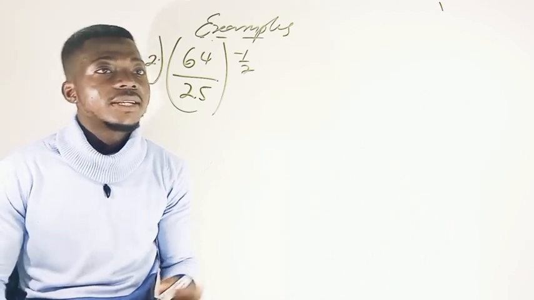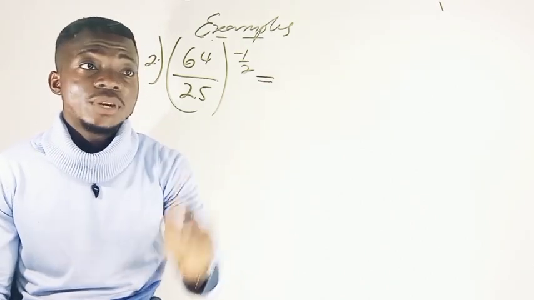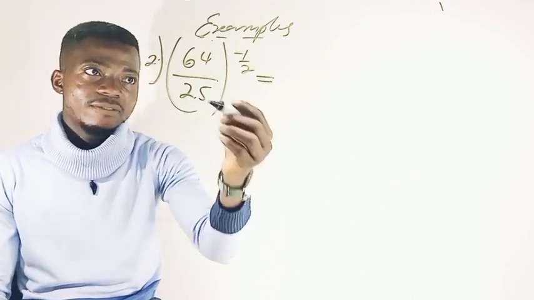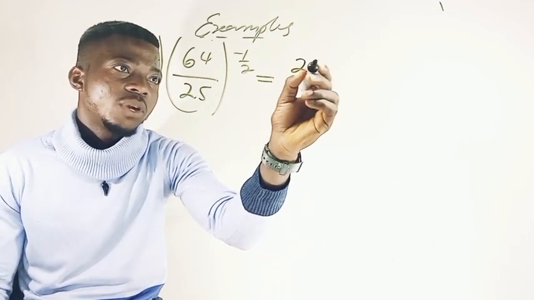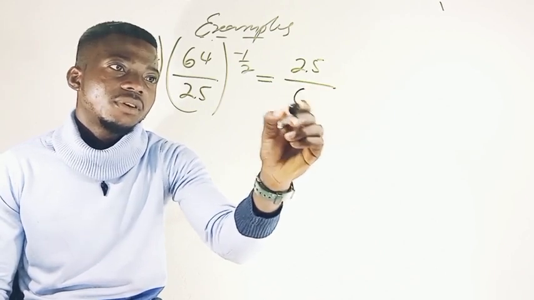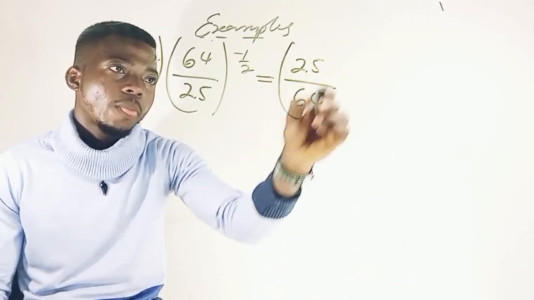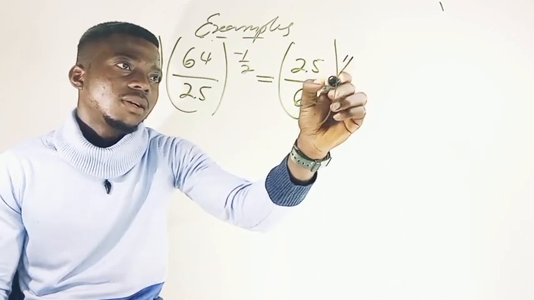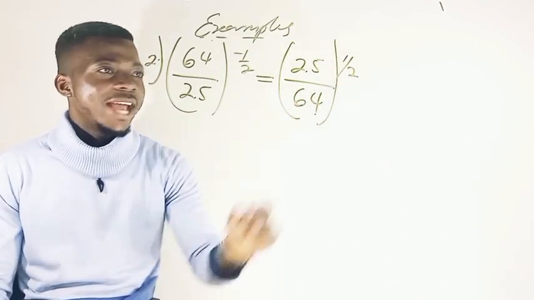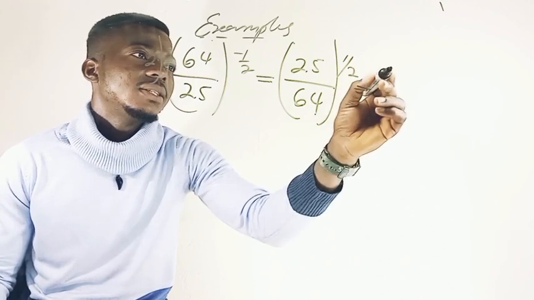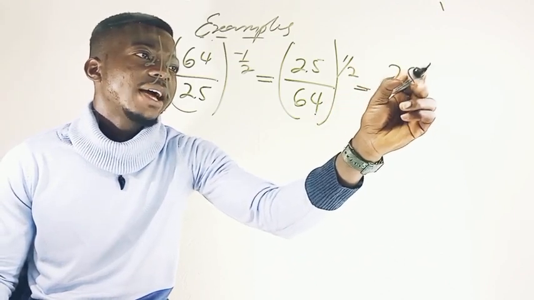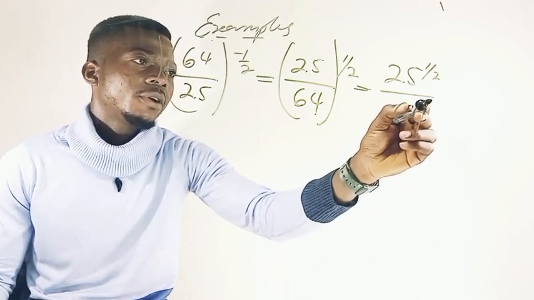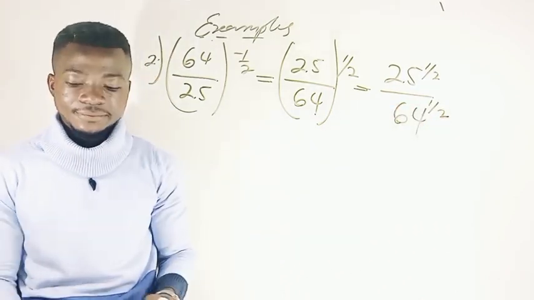You know what to do. Because of the negative here, what we have to do is reciprocate the fraction. So we're going to have 25 over 64, all exponent half. And this is the same as 25 exponent half all over 64 exponent half.